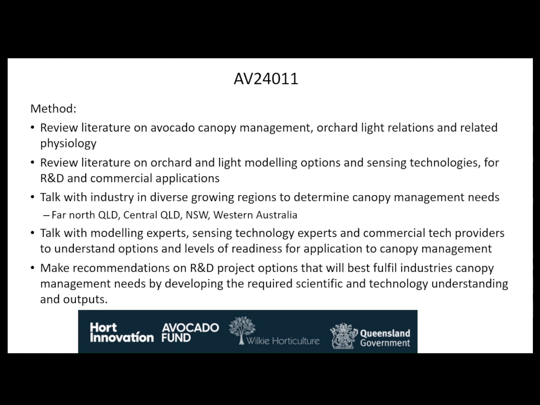We're going to talk to growers in a range of growing regions to try and determine what growers think they need in a canopy management study, in terms of canopy management strategies. We will go to Far North Queensland, Central Queensland, New South Wales, Western Australia.